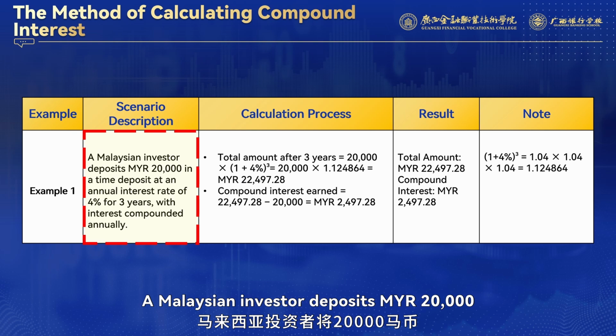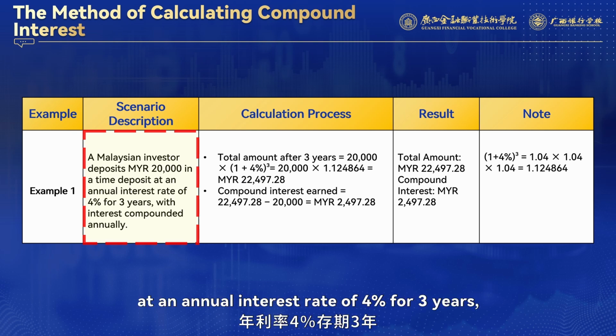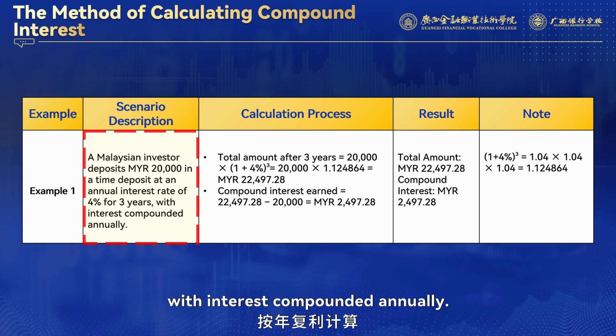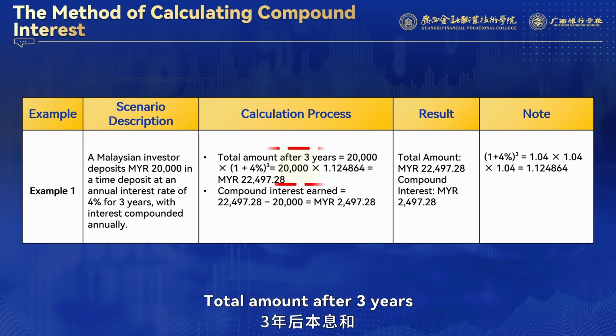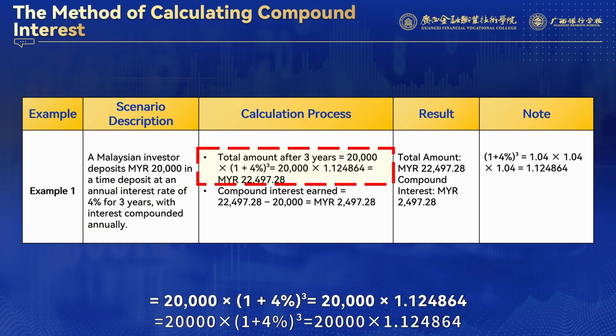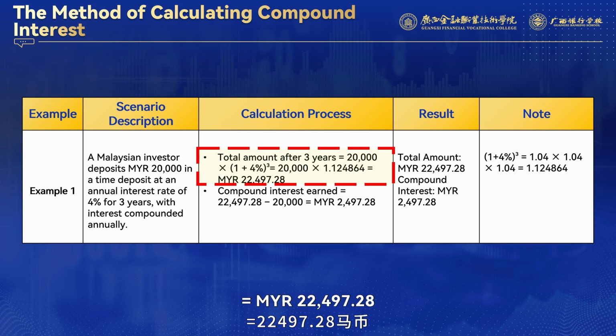Example 1. A Malaysian investor deposits 20,000 Malaysian ringgit in a time deposit at an annual interest rate of 4% for 3 years, with interest compounded annually. Total amount after 3 years equals 20,000 times (1 plus 4%) to the power of 3, equals 20,000 times 1.124864, which is 22,497.28 Malaysian ringgit.